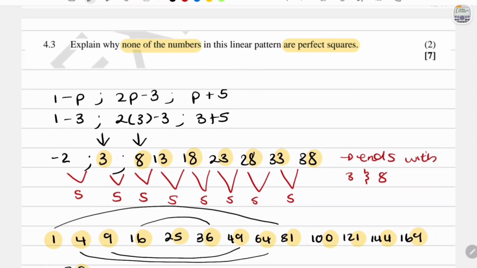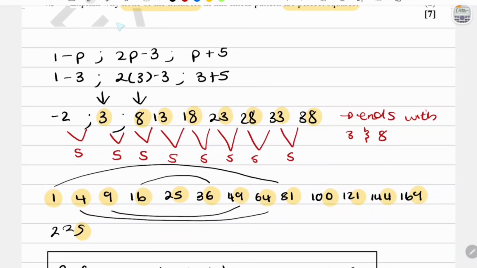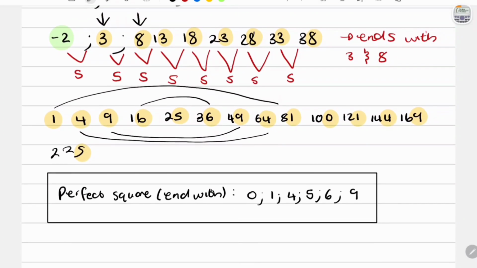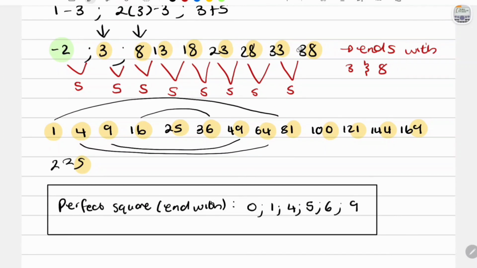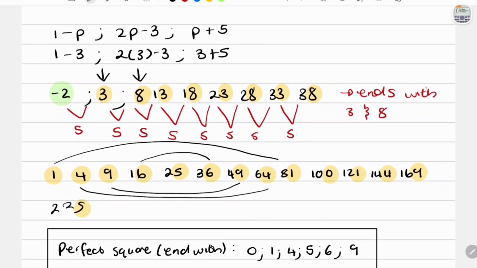So the reason you will never get a perfect square here is because, other than this first term, which isn't a perfect square either, since it ends with 2, not 3 or 8, perfect square numbers end with 1, 4, 5, 6, and 9, and 0 of course, while these numbers, except for the first term, end with 3 and 8. So this is something that you just have to look at.